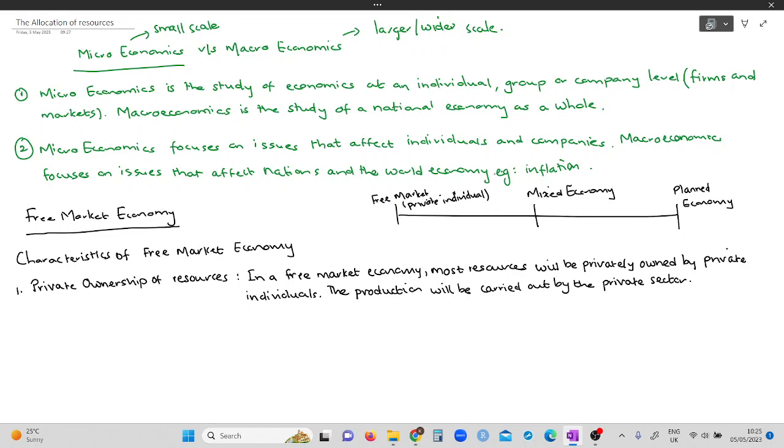D'accord? Next, we have freedom. Donc, dans un free market, le nom même, c'est nous, we are free. Peut-être ça considère regulation, peut-être restriction, mais on a beaucoup de freedom. So, firstly, we have the freedom of choice.